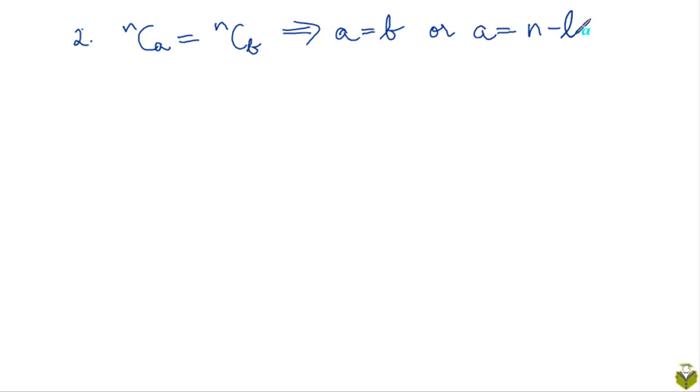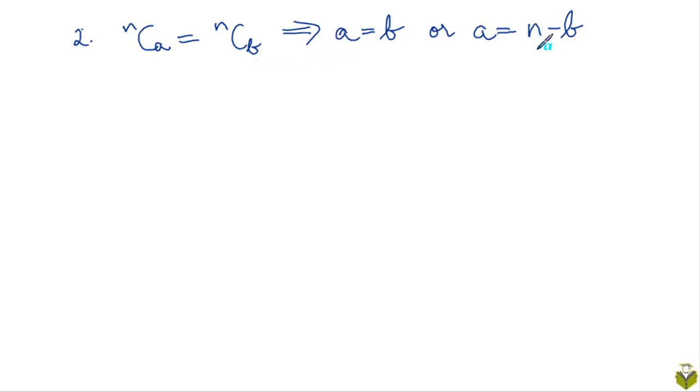The second property to cover is that if N choose A is the same as N choose B, that implies that A is equal to B, or A is equal to N minus B, right? So why is that? Because obviously if A is equal to B, then both sides are equal.